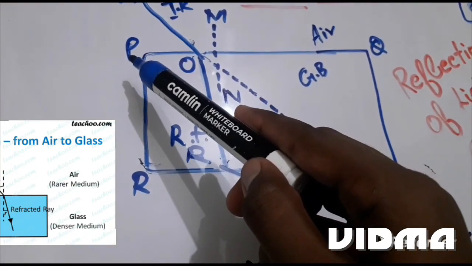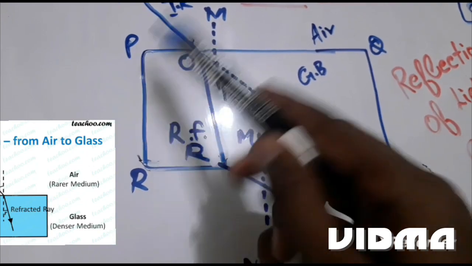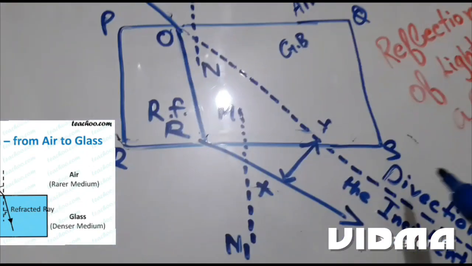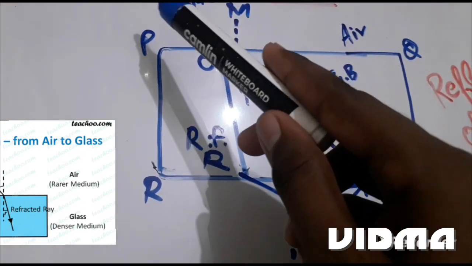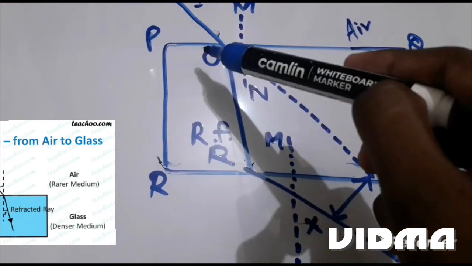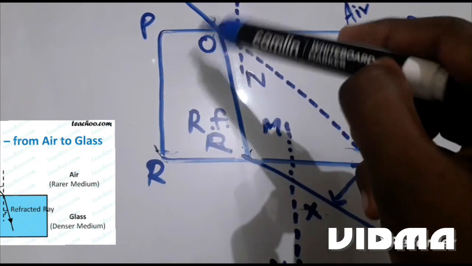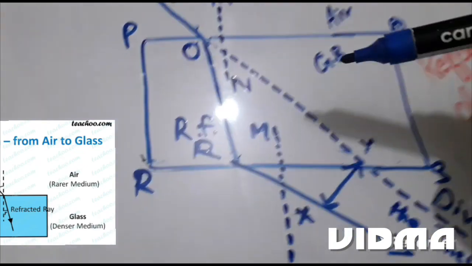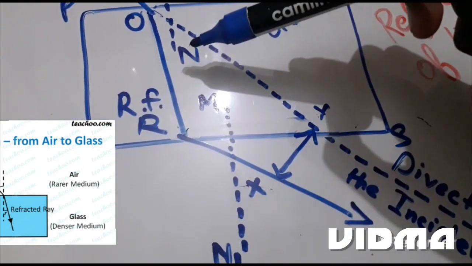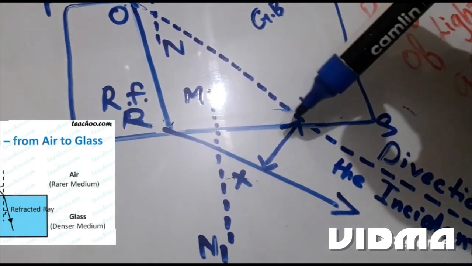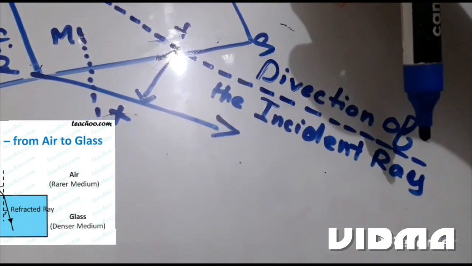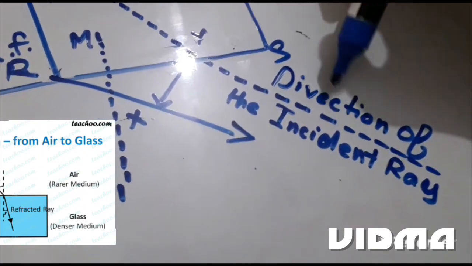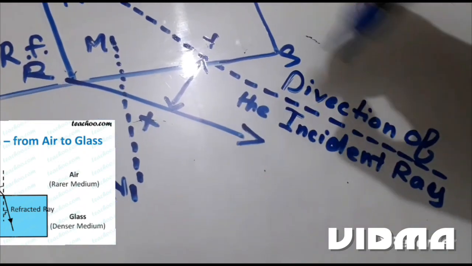The rectangular glass box is named with the letters P, Q, R, and S. Outside the glass box, the line is straight; I have used my marker, so it is just slanting. When it comes inside, it is a dotted line, and it just goes outside. This is the direction of the incident ray going outside.